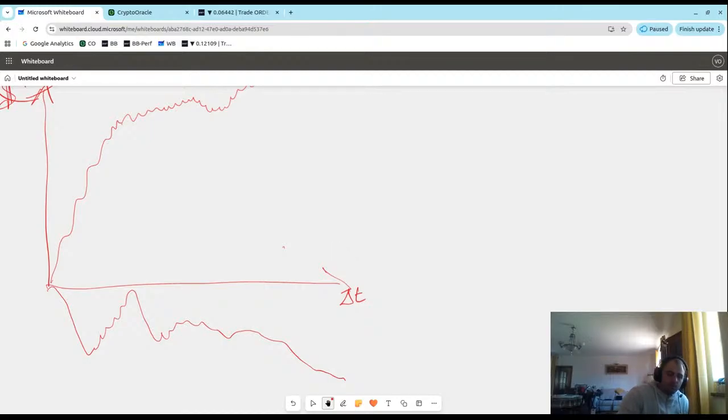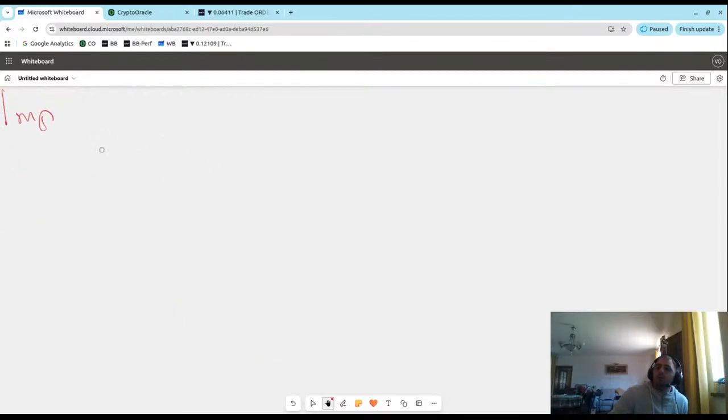Important part. Conclusion. Important. So your P&L is the parameter.